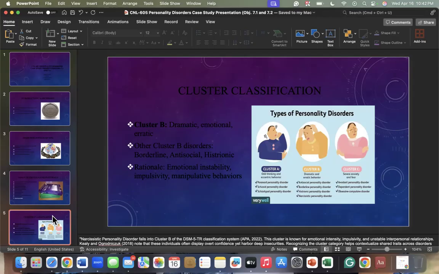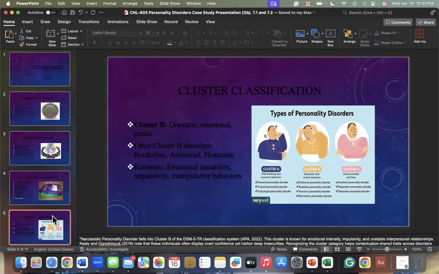So this cluster is known for emotional intensity, impulsivity, and also unstable interpersonal relationships, which goes with that disorder. The individual may also often display overt confidence and harbor deep insecurities.